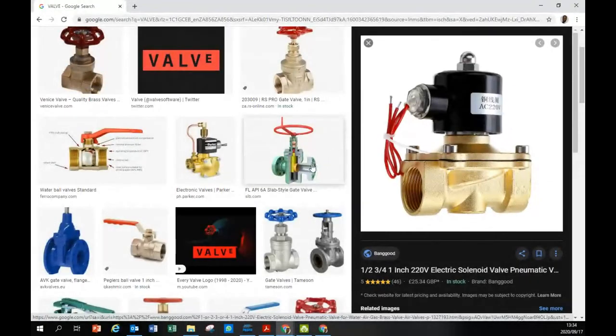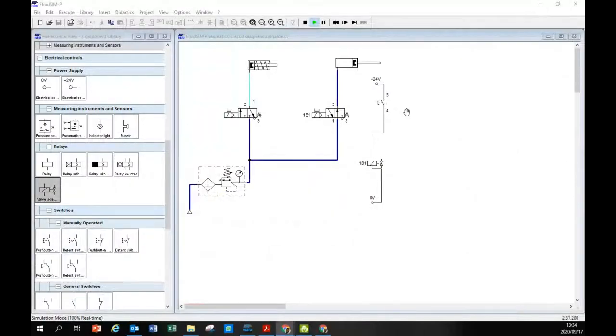But this one is an electrical contact. It only operates when there's a flow of electricity, and it gets limited by a switch.